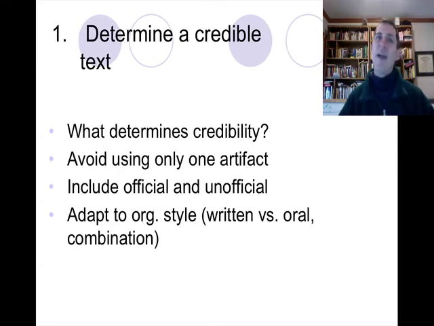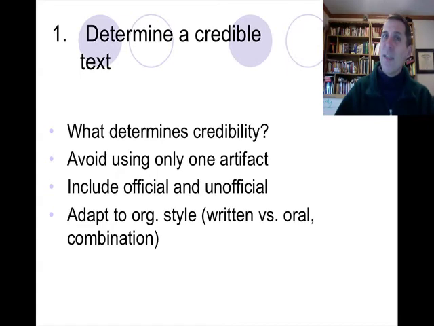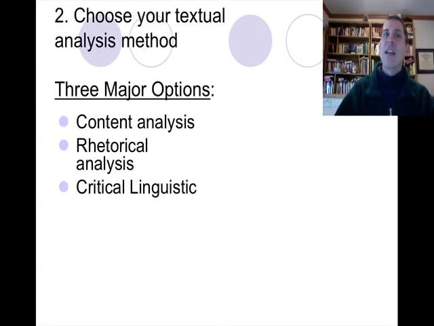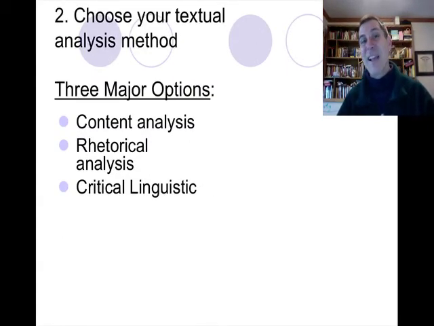So with that, what I've stressed all along is that while textual analysis may not be a primary method, it's going to be primary if you're looking at an organization that focuses on a written versus an oral communication style. So you determine text or credible text, and then you move to determining the kind of analysis.